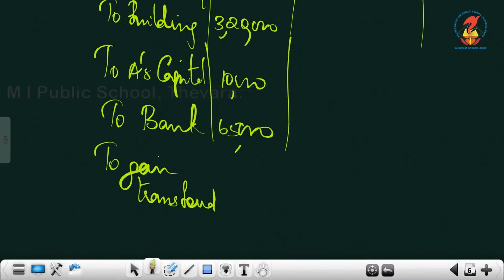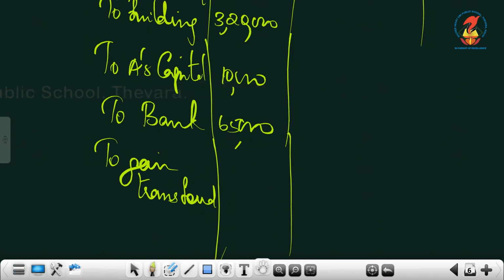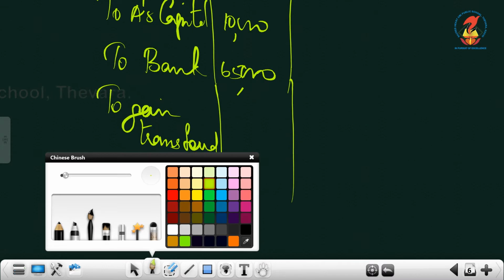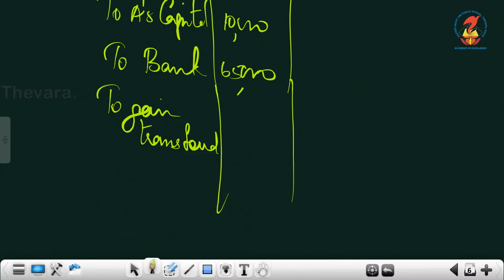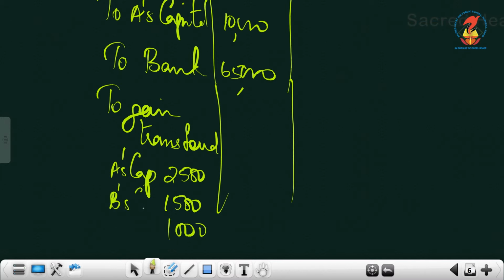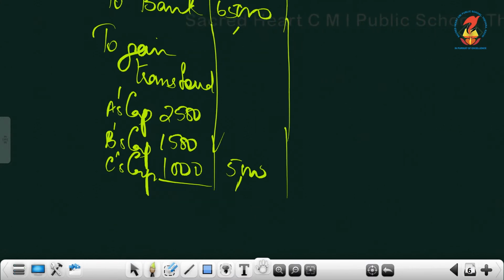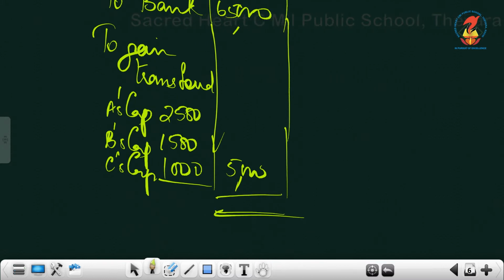To gain transferred, ABC 2,500 each. Now you can close this.